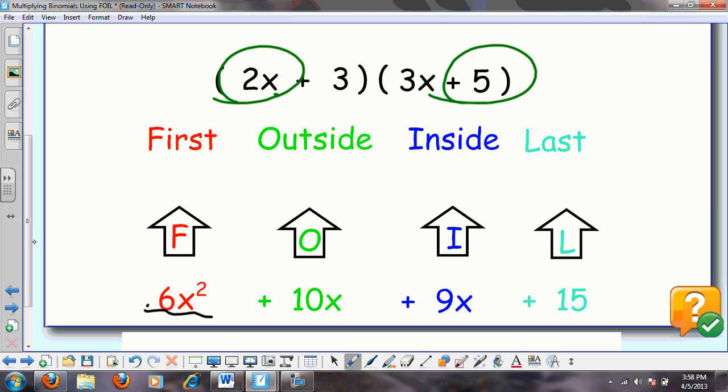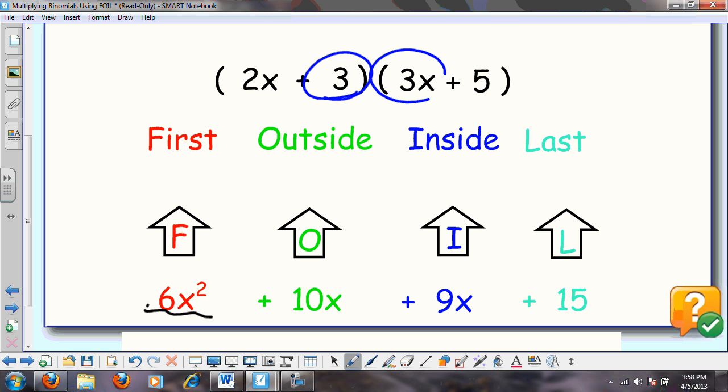And you look at your inside terms. This is an inside term, plus 3, and this is an inside term. That's where we get 9x. So your outside and inside terms are always going to be to 1 degree. Your first terms will always be your highest degree, and your last terms will always be your lowest degree.